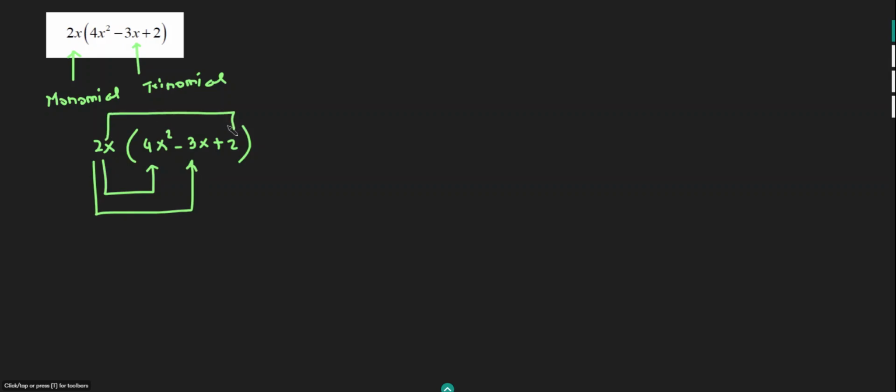So the first one is 2x multiplied with 4x squared, and then take the 2x once again, multiplied with negative 3x, and then take the 2x term once again, multiplied with the last term, 2. So we just have to simplify this by multiplying each product. So this is 2x times 4x squared.